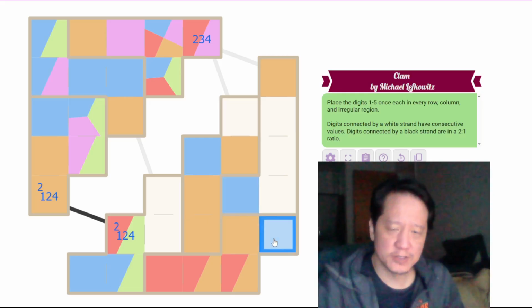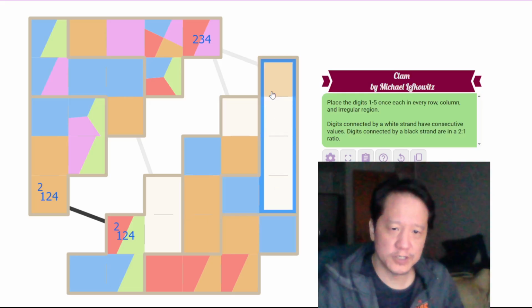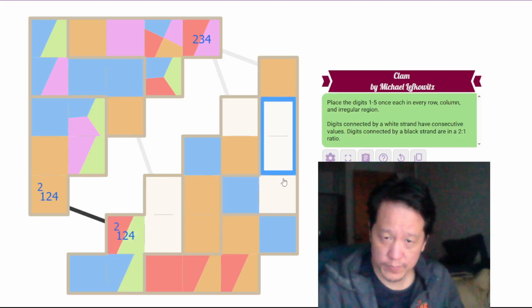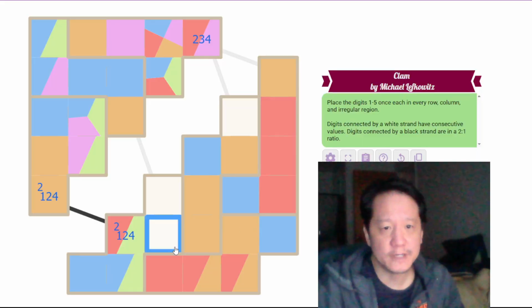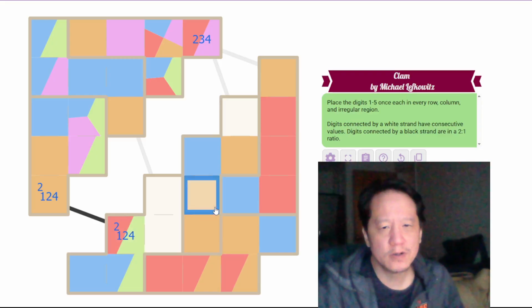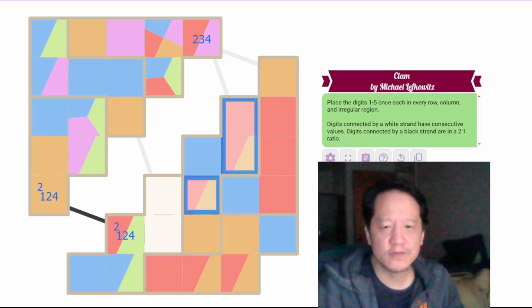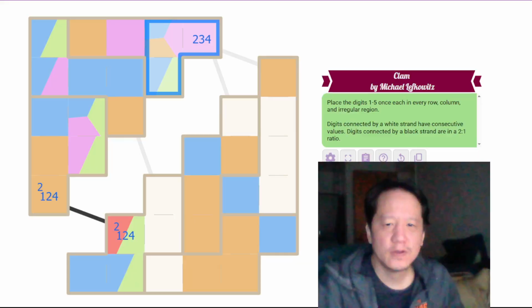It cannot be the same as blue, so it must match. It cannot be orange. This is orange. So red has to be one of these three. Red can't be here. It's one of these three. Yeah, it's not helpful. Geez.